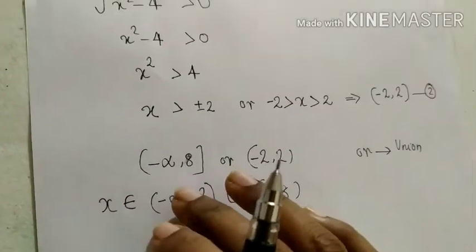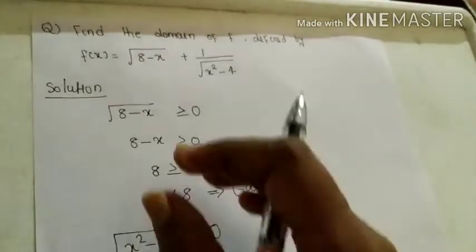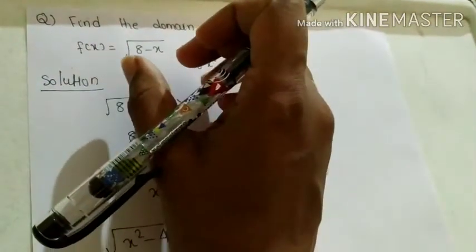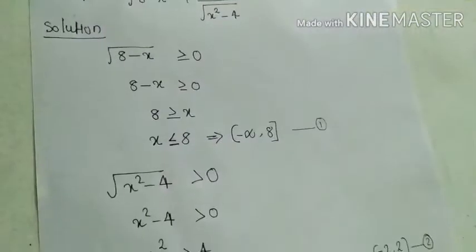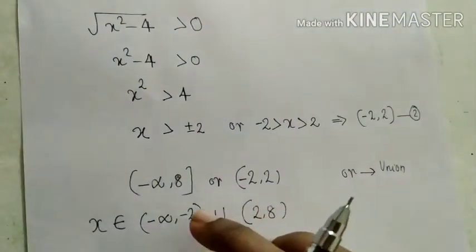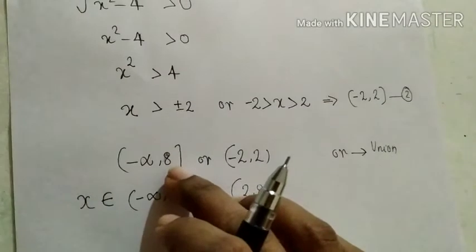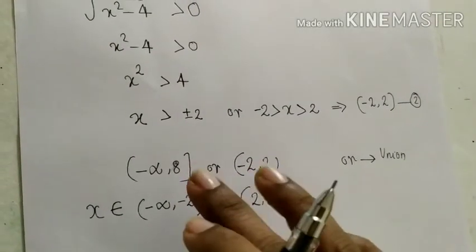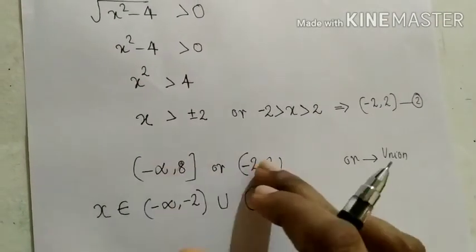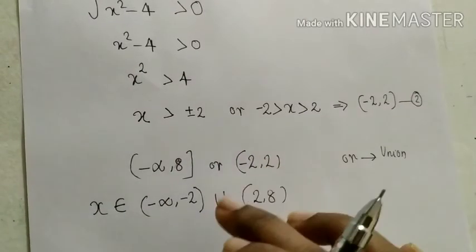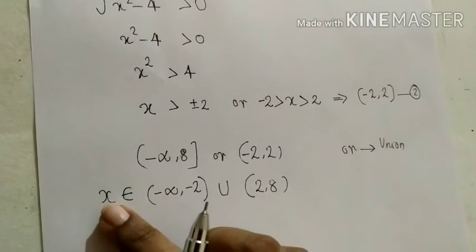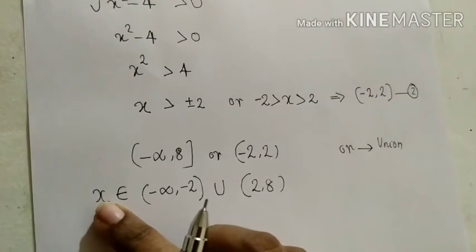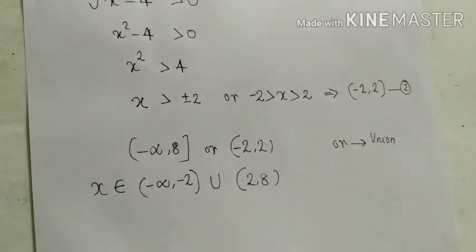Okay, so in this question, first we need to find out the domain of each term. Next we need to note the common elements from these two intervals, and those elements are the domain of our whole function. Okay, I hope you understood.